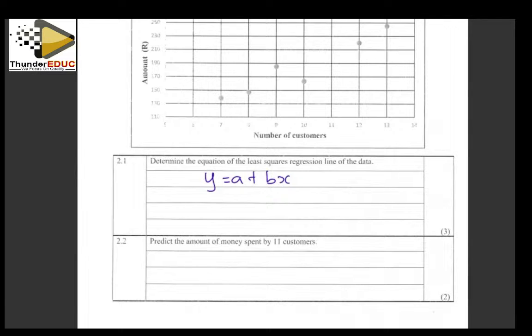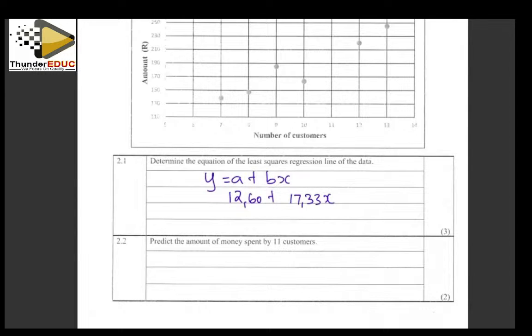Okay, so from my calculator, I'm getting A to be 12,596. Let's just make it 12,60, plus the B, which is 17,33x. So that is the equation.